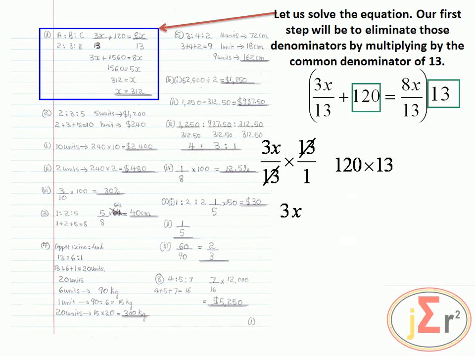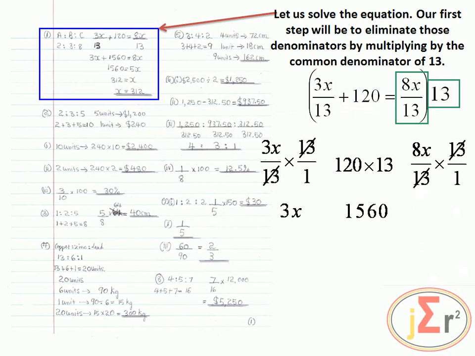So multiply that by 13, we get 1560, and no doubt we have that fraction to multiply by 13 also, in which case those 13s will eliminate each other, and any number divided by 1 is equal to that same number.